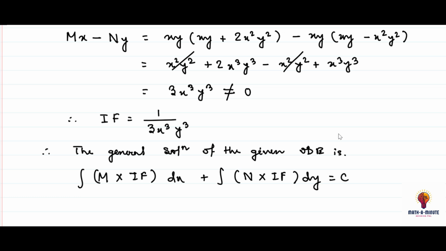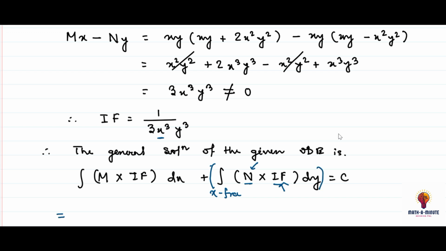Now this term will be x free, but since there is an x involved in the integrating factor, if we multiply any function with this integrating factor, there is definitely x involved in this term. So we can remove this part.